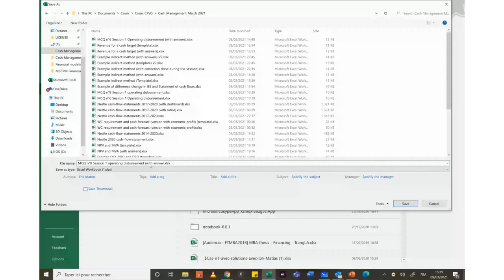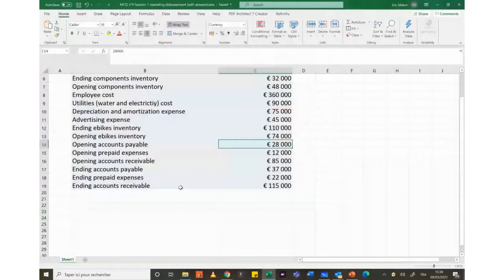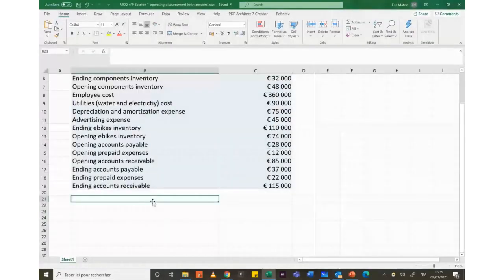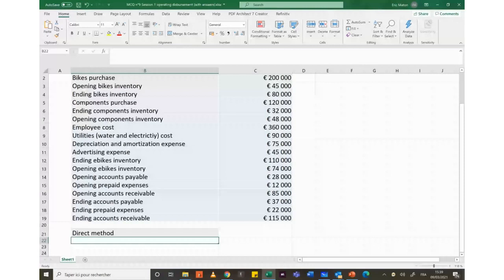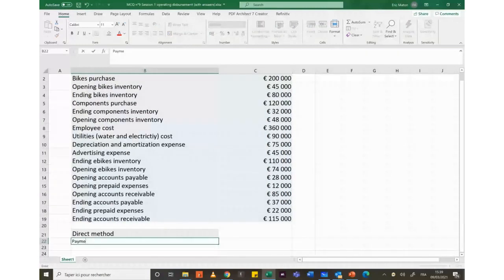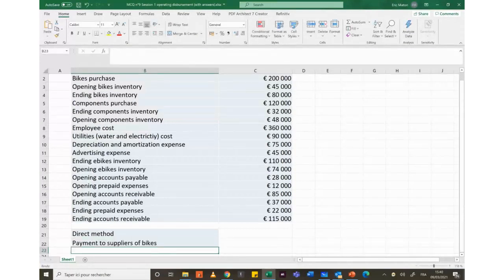Okay. So if you want to calculate very quickly the amount, you can use the direct methods. In the direct methods, you want the payment to suppliers of bikes. After the bikes, you have the components. So payment to suppliers of components.